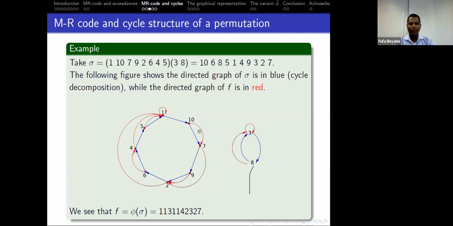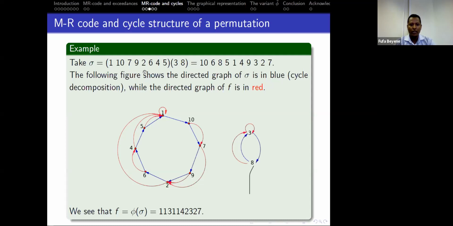So when we apply the above theorem to calculate f, we see that 1 has as closest integer in its cycle less than or equal to itself just itself. So f1 is equal to 1. I shall better consider here only the exceedances. For example, 2 is an exceedance.